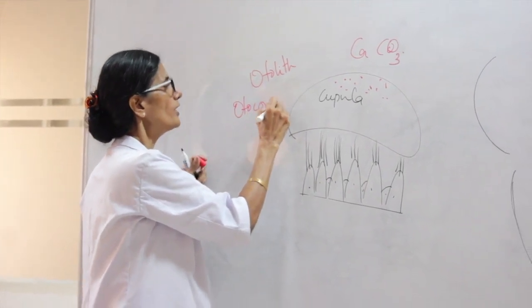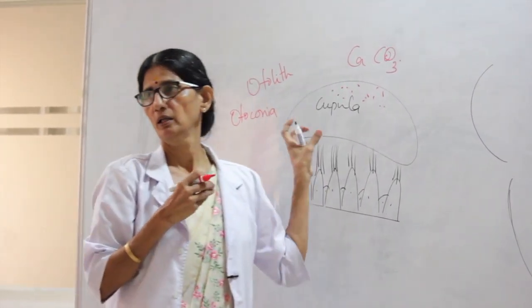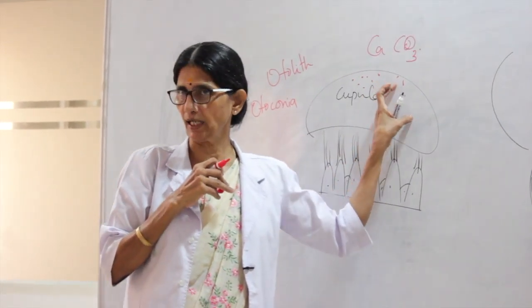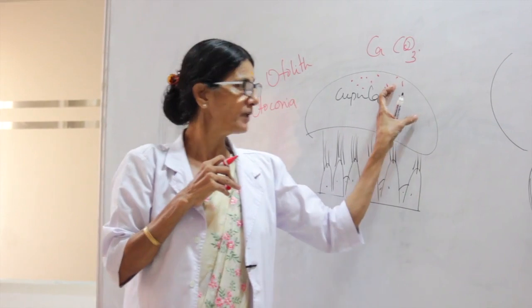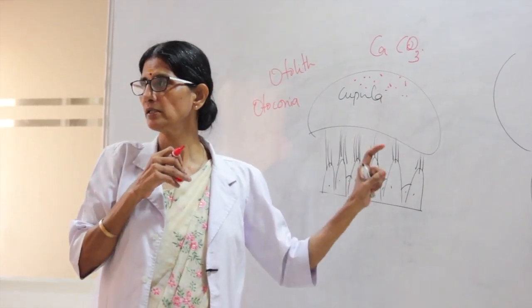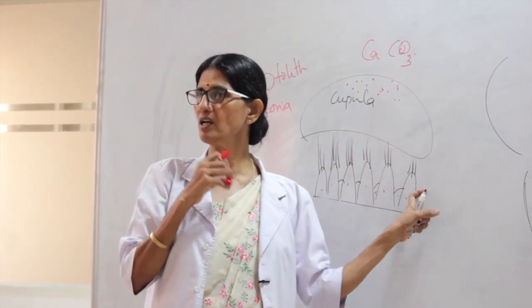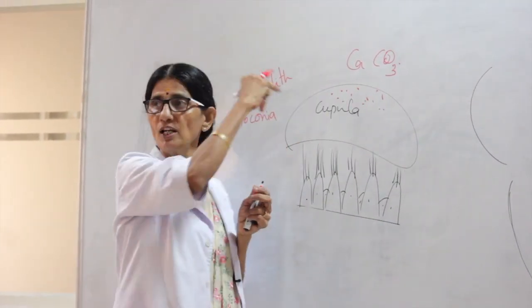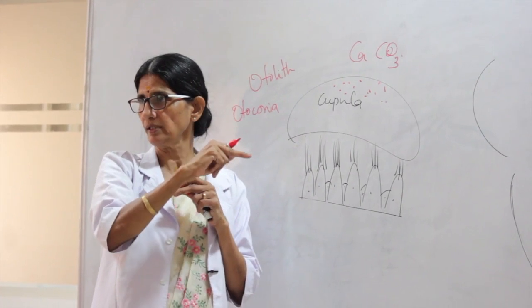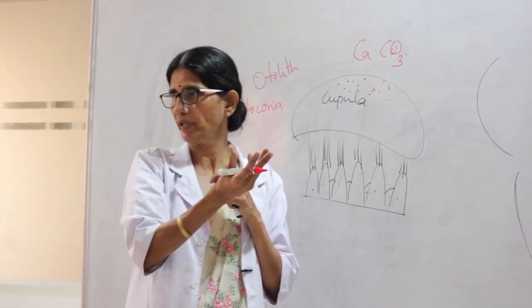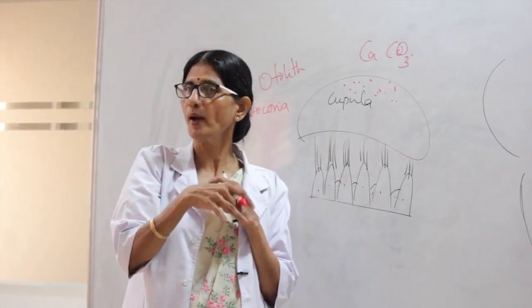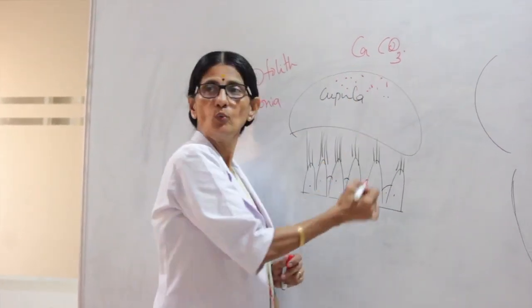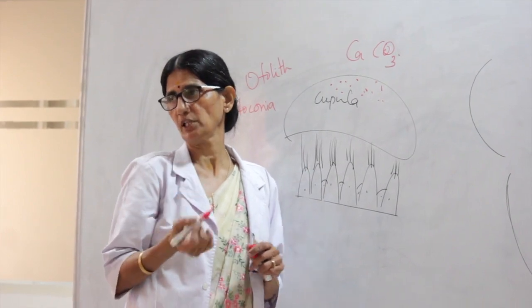So this is one important difference, where this cupula or the gelatinous material is studded with calcium carbonate crystals. Now we see that the endolymph is of high specific gravity compared to the perilymph. And because this cupula is now studded with these calcium carbonate crystals, that will add on to the specific gravity, which is almost twice that of the endolymph, and hence this is always under the influence of gravity.